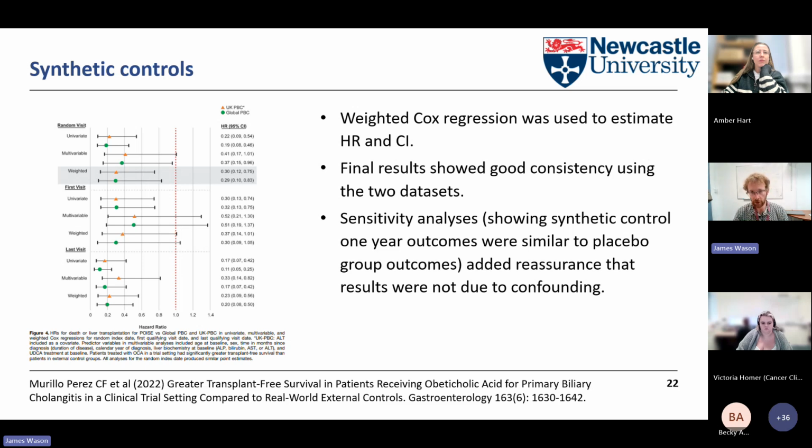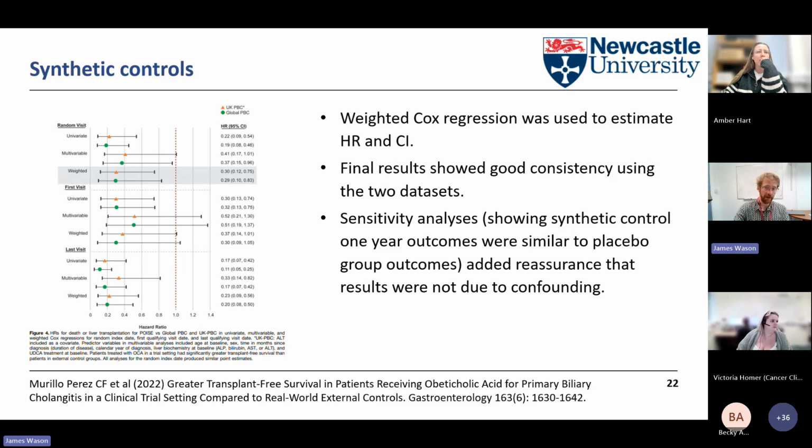Now, you can't do that perfectly without a randomized controlled trial, but this is as best that we might be able to do when a randomized controlled trial is not feasible. And the shaded region here showed the results where both analyses from each of the registries showed highly significant long-term benefits of the drug for the long-term outcomes.